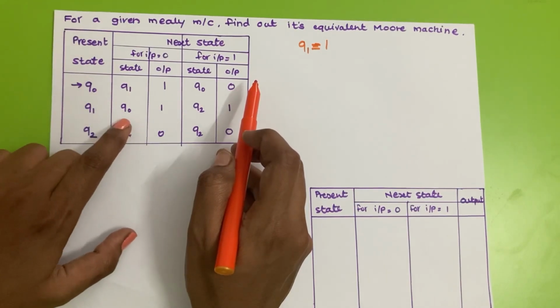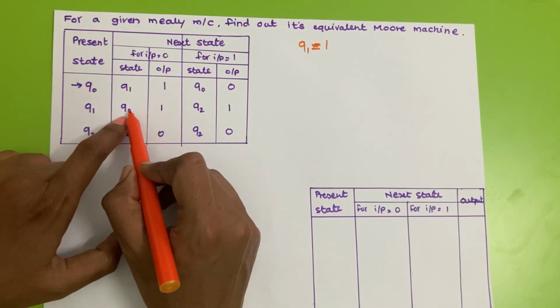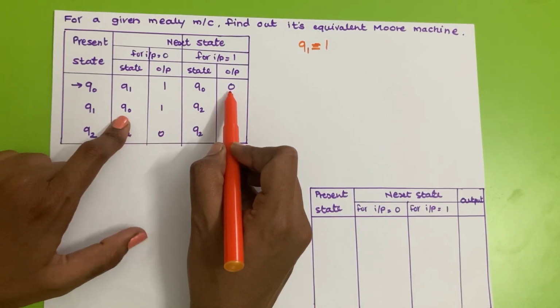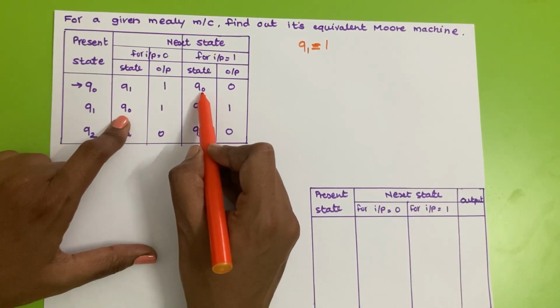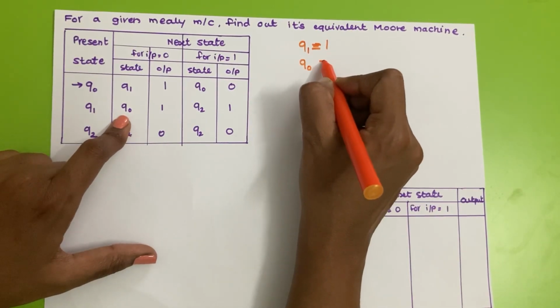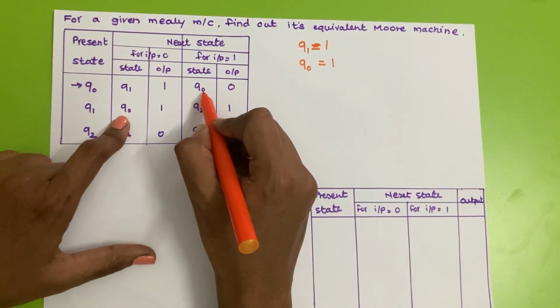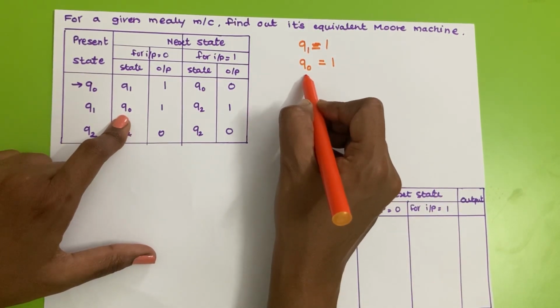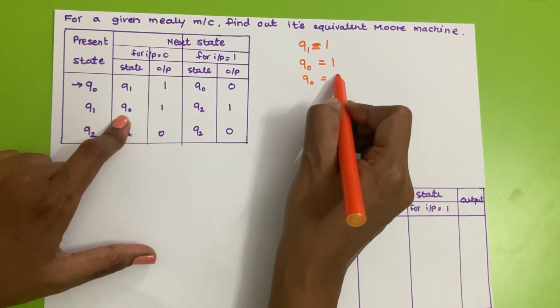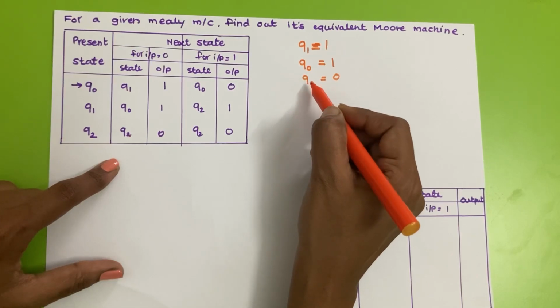So first we have got output symbol 1 for state q0, and here we have output symbol 0 for state q0. That means we have two output symbols for state q0.